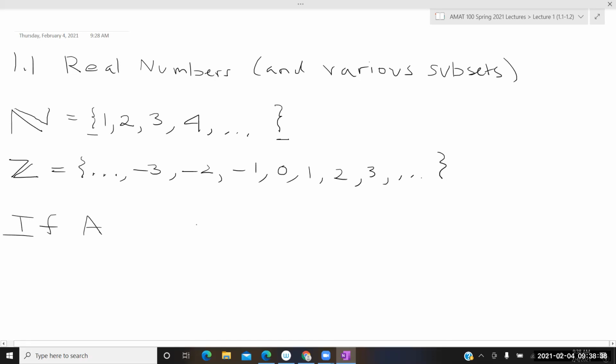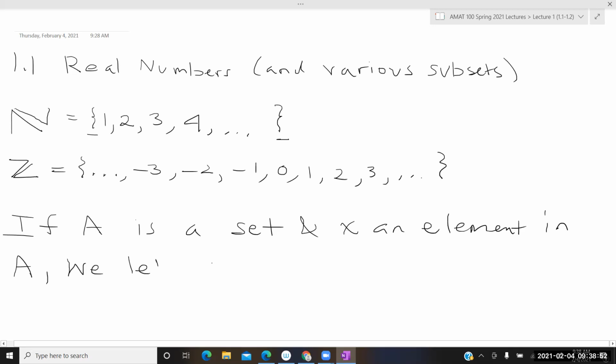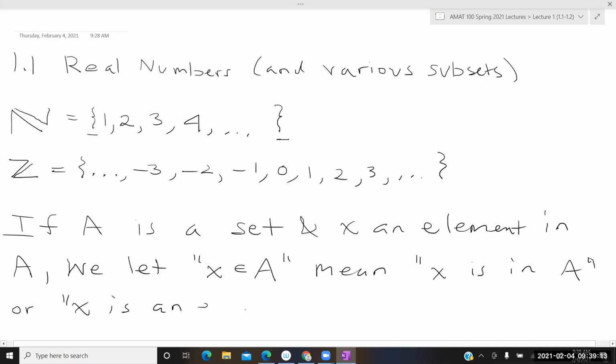First of all, if A is a set, capital A, and x is an element in A, we let this string of symbols right here, x, this epsilon-looking thing, and A, mean x is in A, or x is an element of A. These are just two ways of saying the same thing.